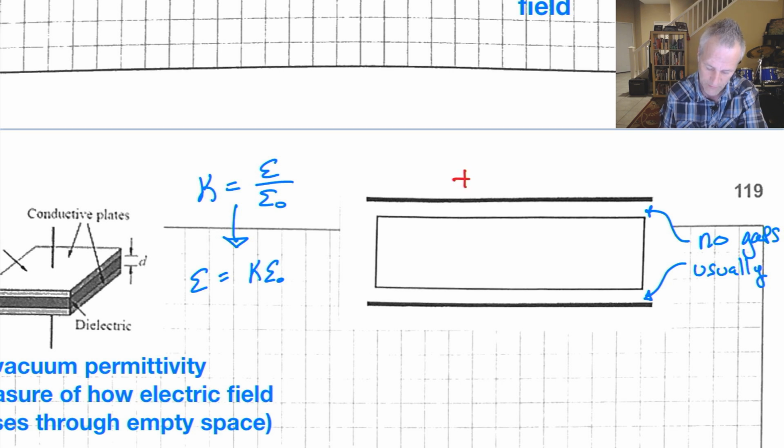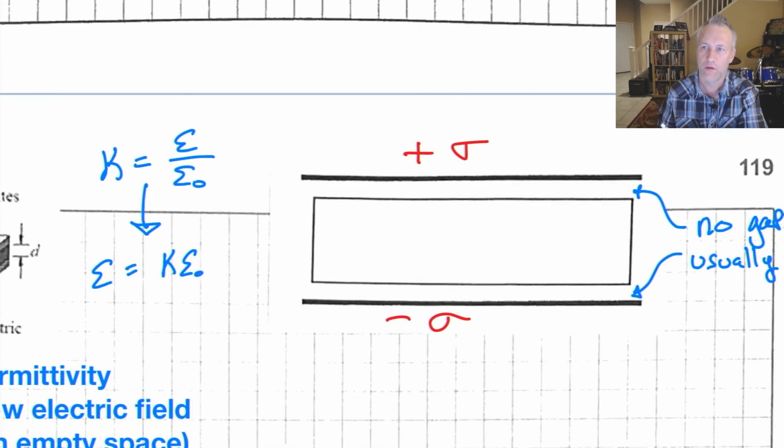This is going to have some positive charge density on it, plus sigma. This would have some negative charge density on it, minus sigma. And the dielectric in the middle is going to, when those molecules twist, give us some surface charge density on there.